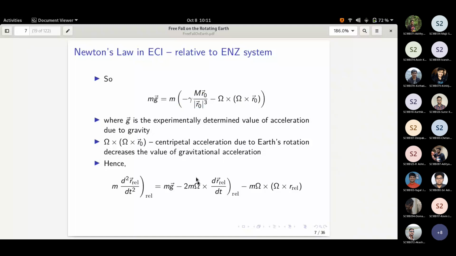The rest of the expression, you have the Coriolis term, and then you have one more term due to its relative position. R naught is due to, let us go back to that expression. Let me open a copy of it.